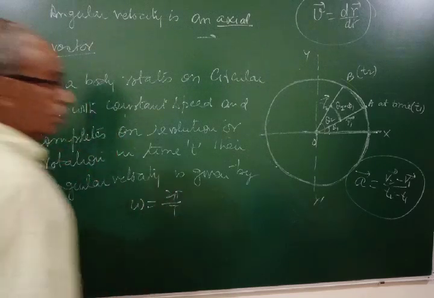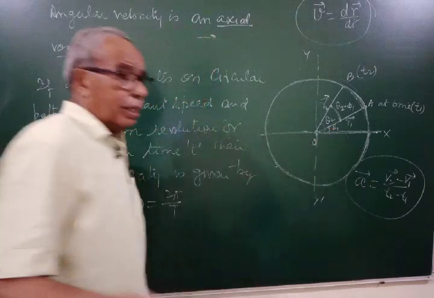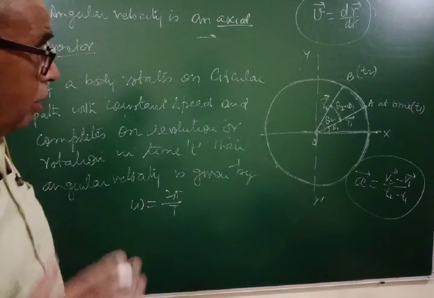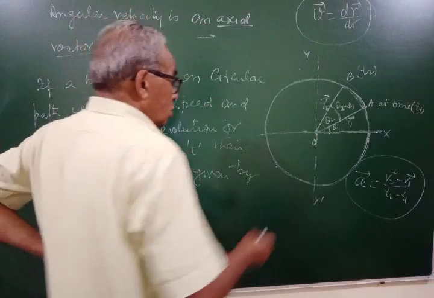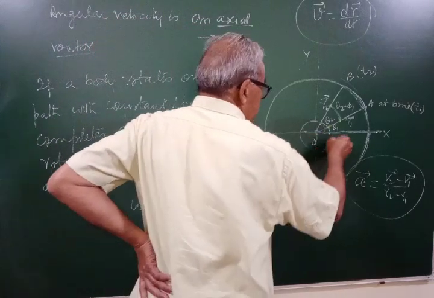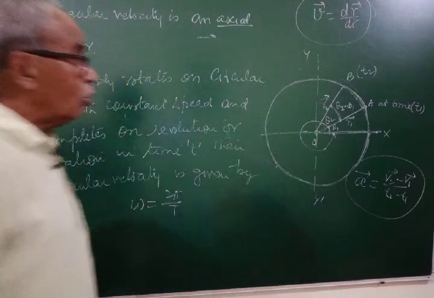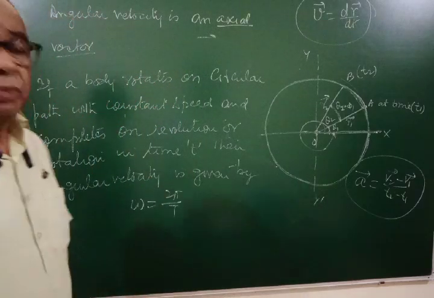Why 2 pi? I uploaded a video here in which I defined the angle 2 pi radian, which we are habitual of telling as 360 degrees.